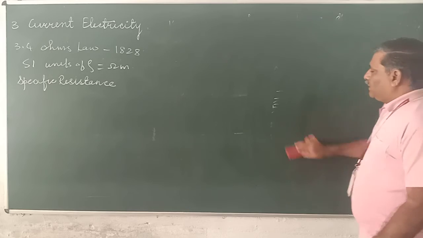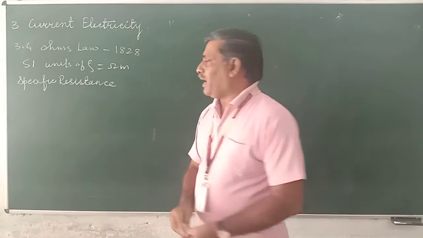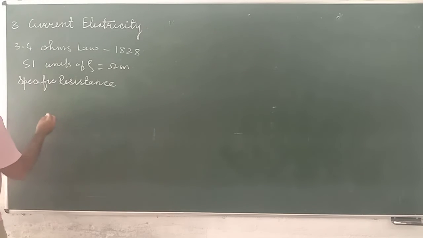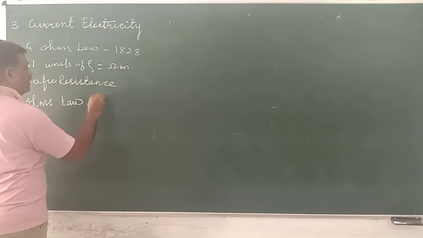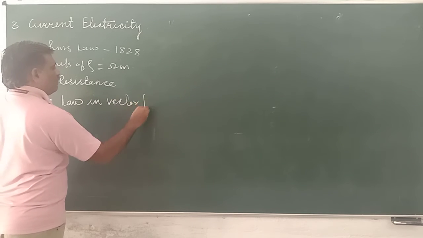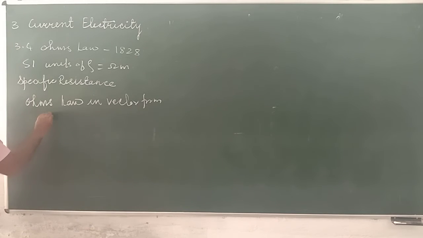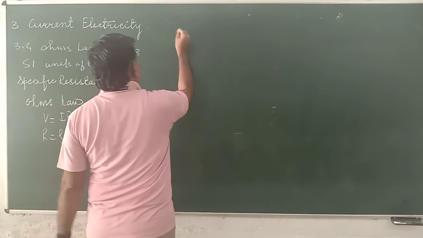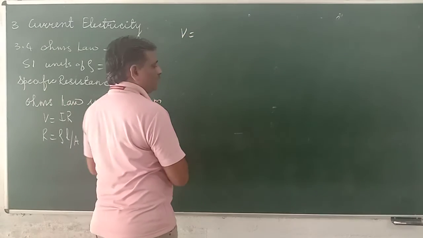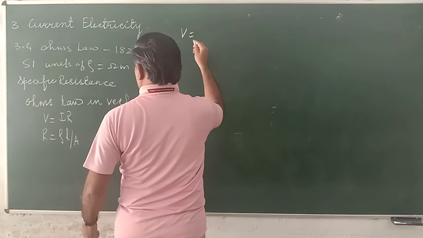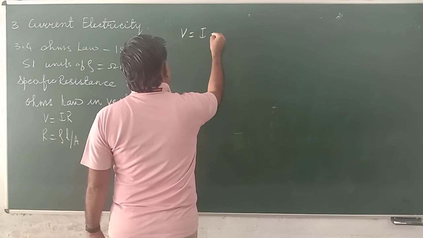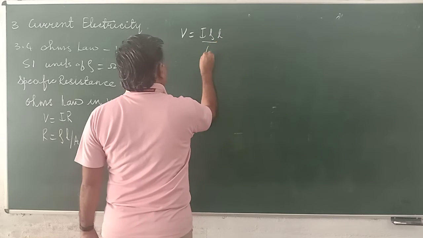We already discussed that V is equal to IR, and R is equal to rho L by A. Therefore, V is equal to I rho L divided by A.